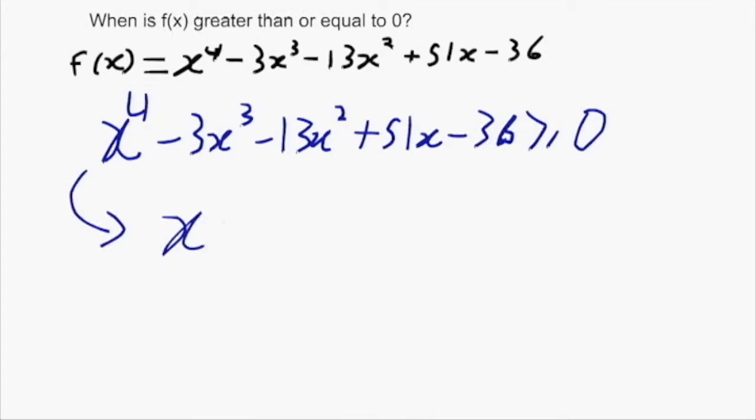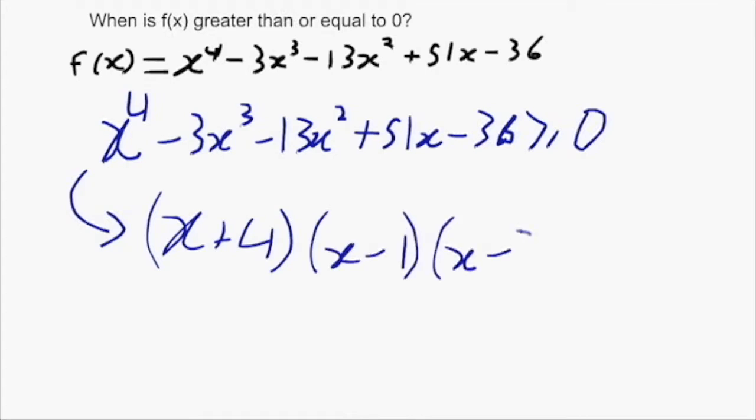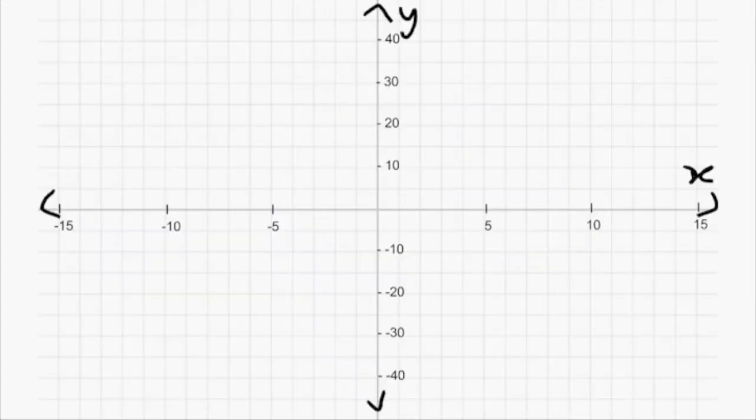So I'm going to factor this, and I'm going to get x plus 4 times x minus 1 times x minus 3 squared is greater than or equal to 0. Now let's graph this. First I'm going to plot my roots, and they're at negative 4, 1, and 3.